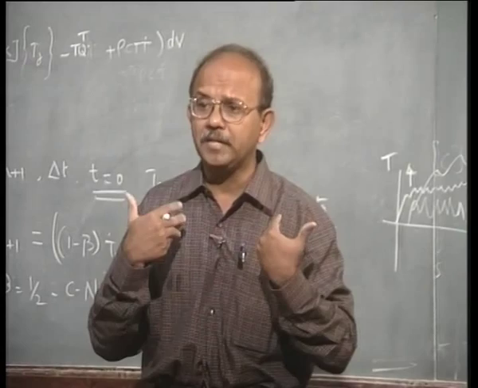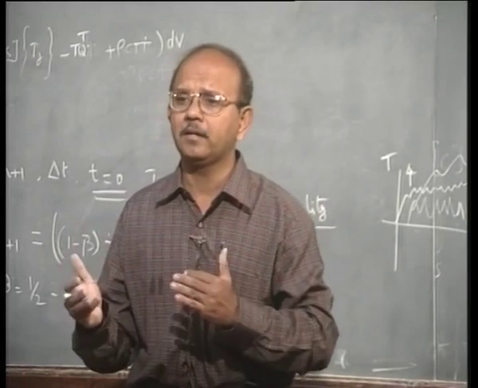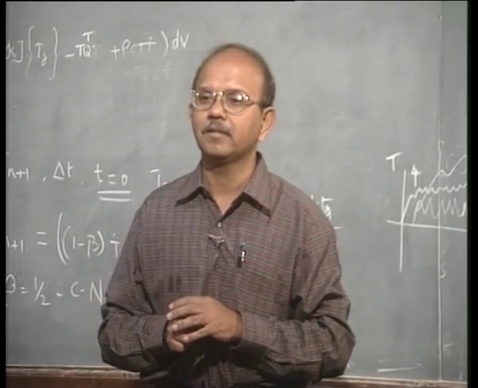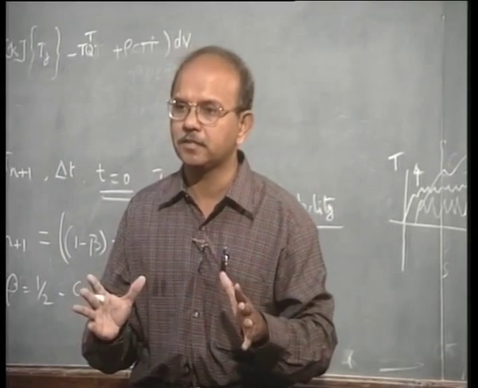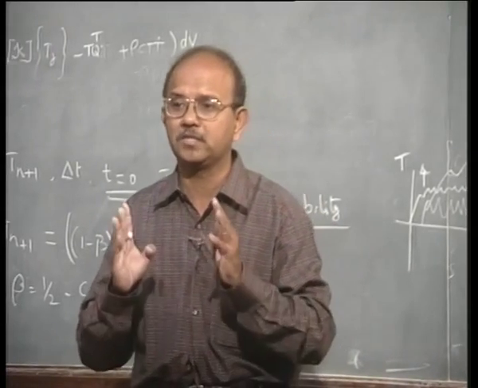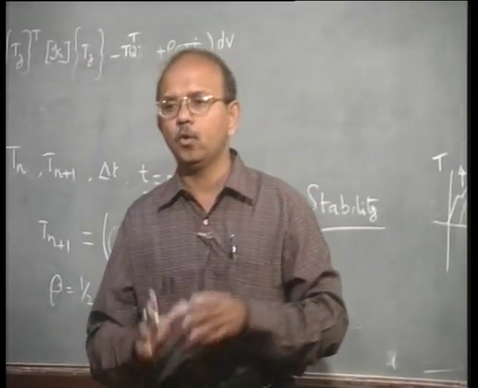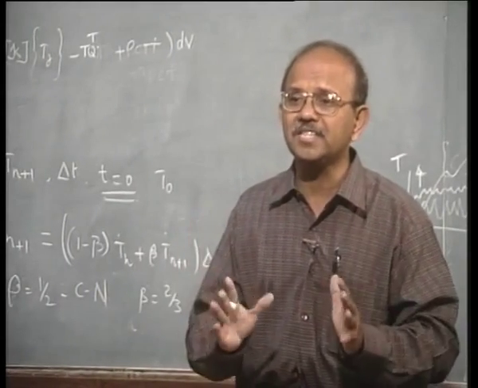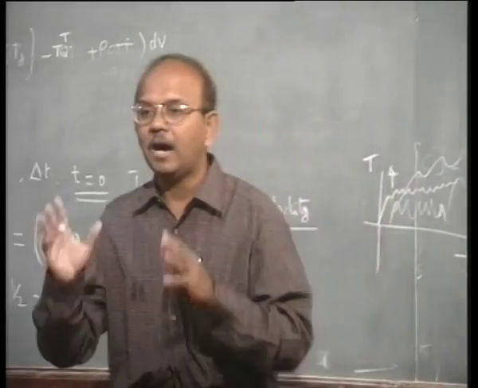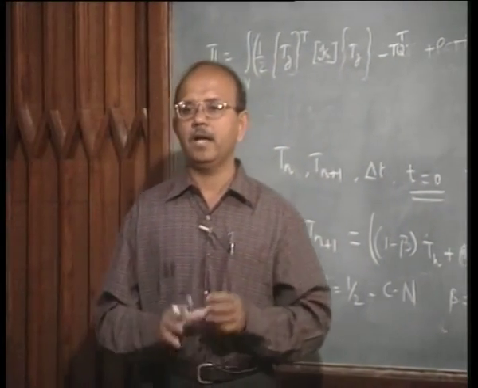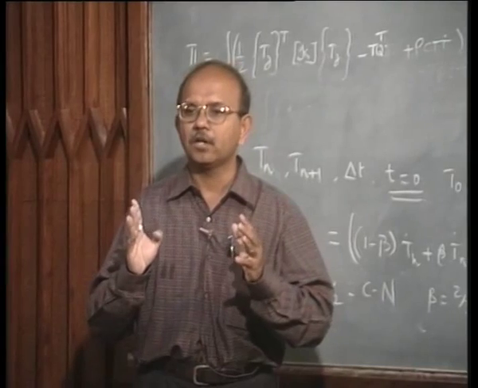Both beta equal to 0 and beta equal to 1 are only first order accurate. That means the accuracy suffers. Though the stability problem can be solved, accuracy is a different story altogether, and the solution is not accurate.